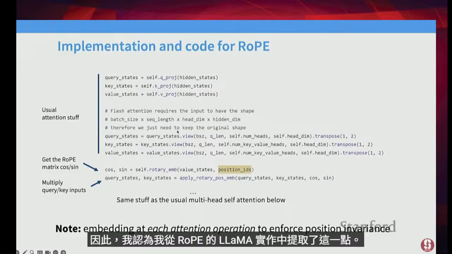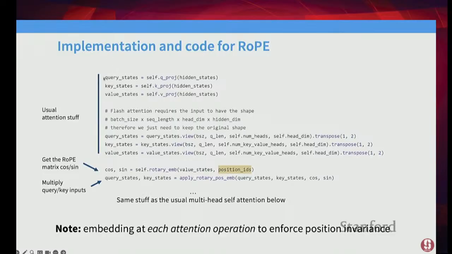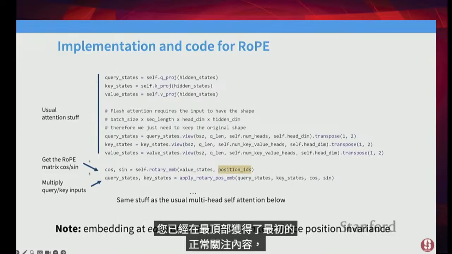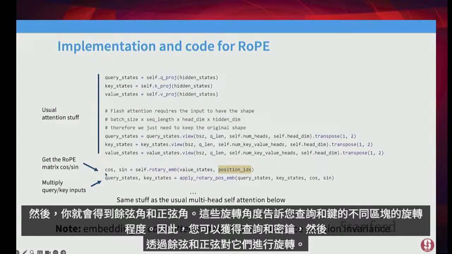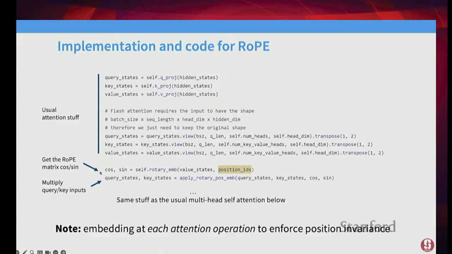And so, I pulled this from, I think, the Llama implementation of RoPE. You've got the initial normal attention stuff at the very top, like query, keys, and values. These are your normal linear projections. And then you're going to come up with cosine and sine angles. These are rotation angles telling you how much to rotate different blocks of the query and key. And then you take your query and your key, and you're going to rotate them by the cosines and sines.